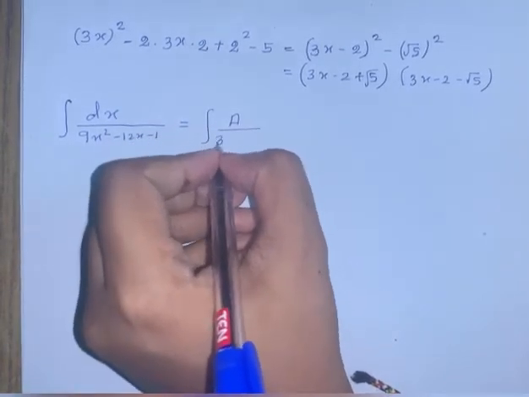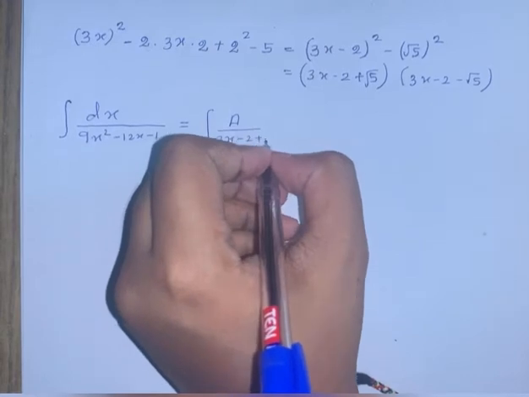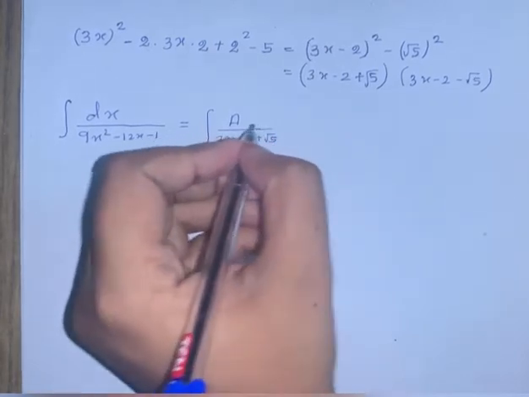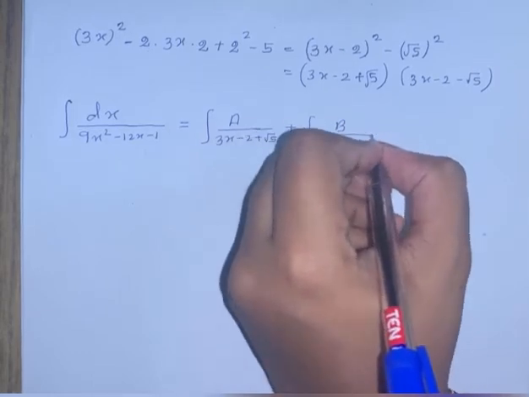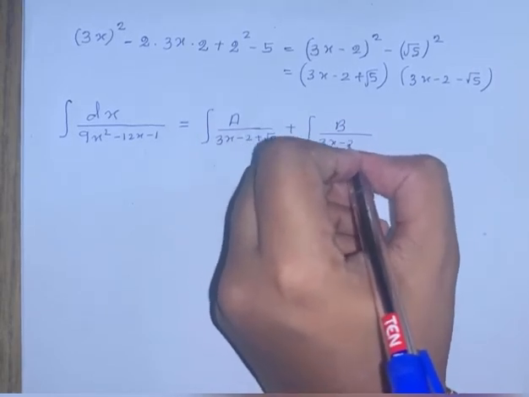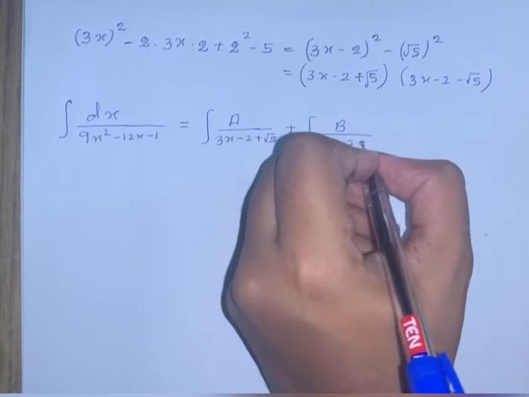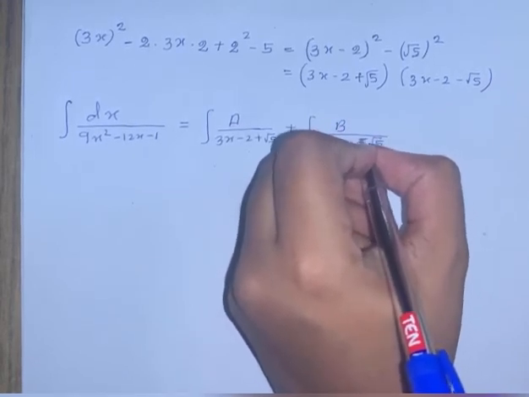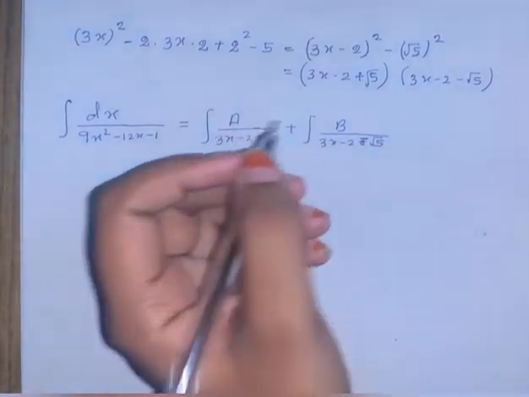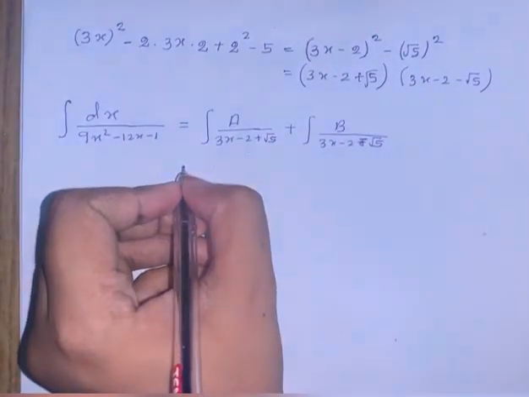So a over 3x minus 2 plus root 5 with respect to dx plus b over 3x minus 2 minus root 5. Okay, so now we have to do the procedure.